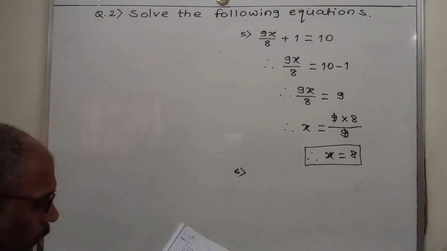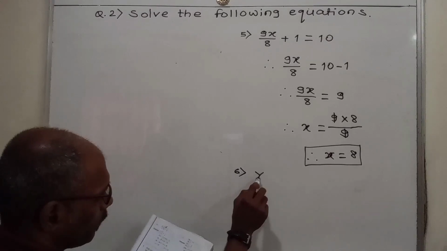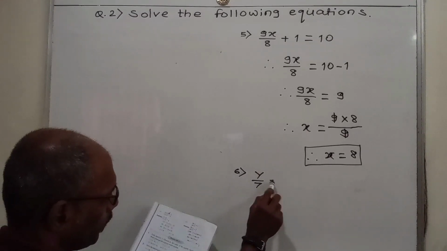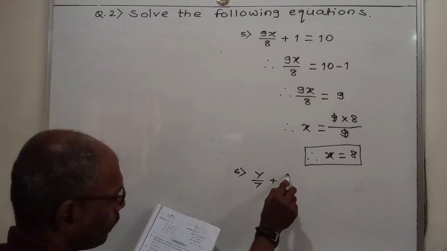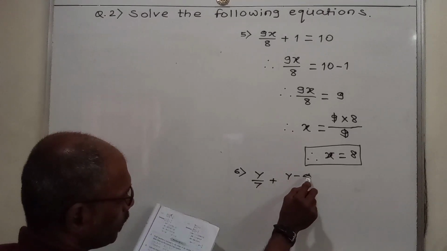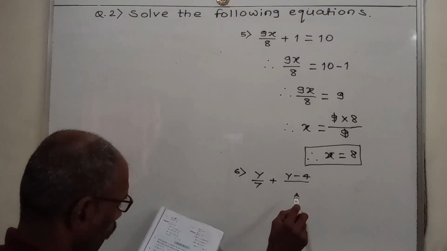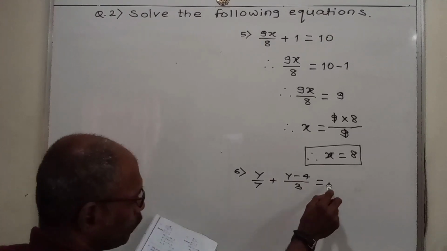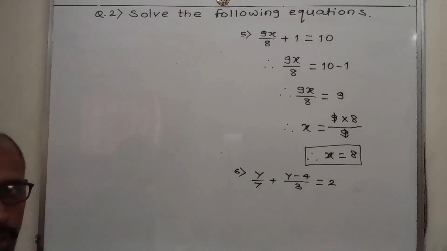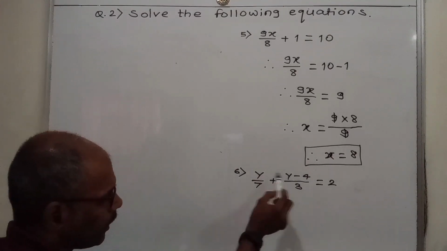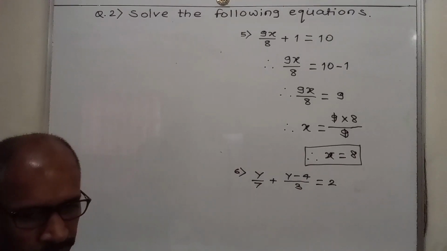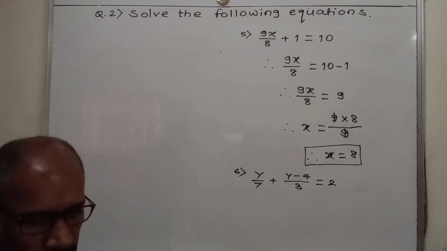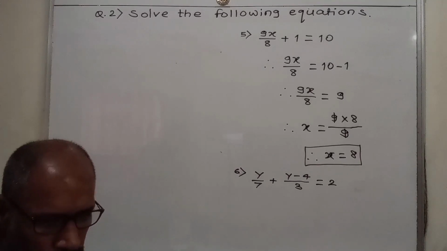6th: y upon 7 plus y minus 4 upon 3 is equal to 2. Now see this. These are two fractions. Here plus sign, sometimes minus also.